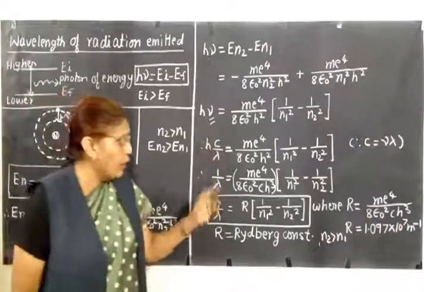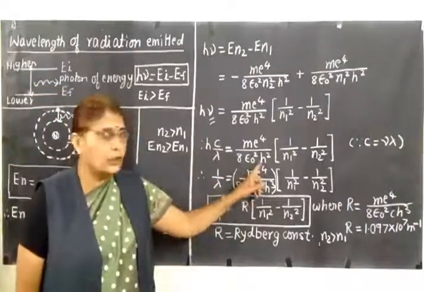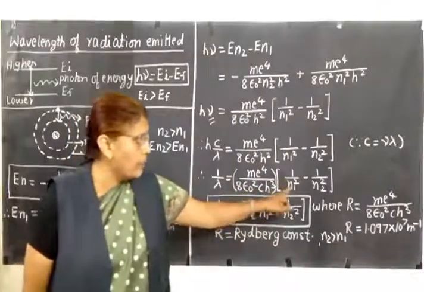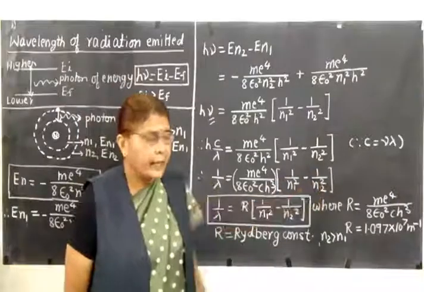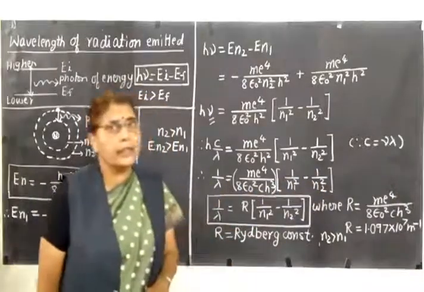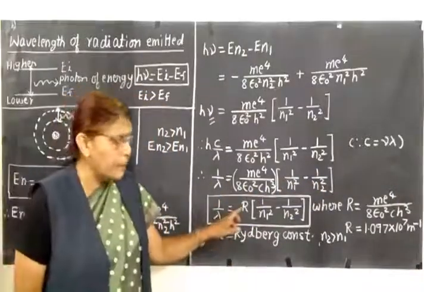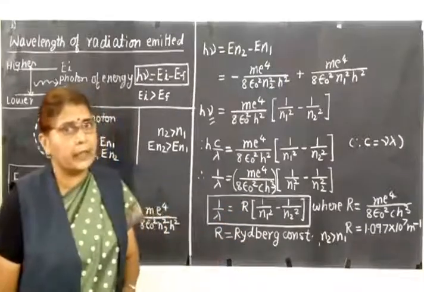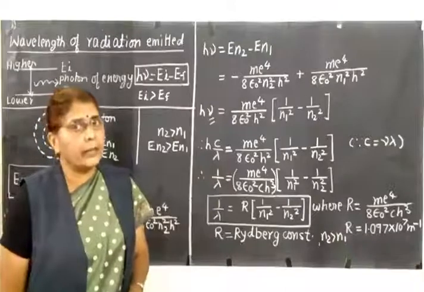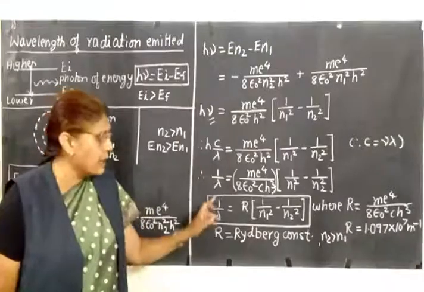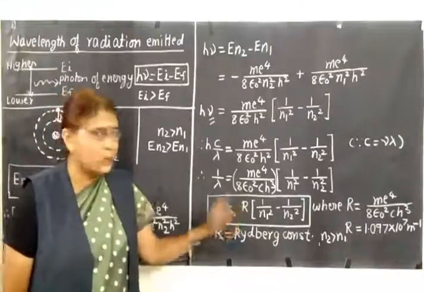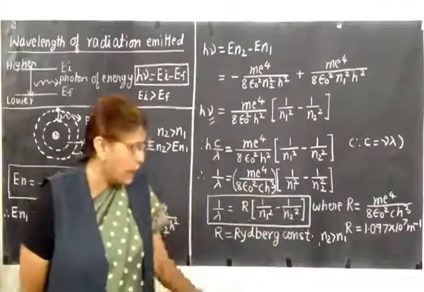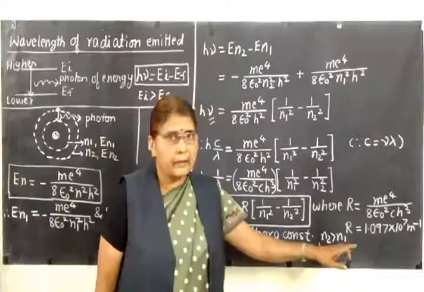From this expression we have taken 1 upon lambda on one side. We got the value of 1 upon lambda as m e raised to 4 by 8 epsilon 0 square c h cube into bracket 1 upon n1 square minus 1 upon n2 square. The quantity before the bracket is a constant. We call it capital R, the Rydberg's constant. So the final expression for the wavelength of emitted radiation is 1 upon lambda equals R into bracket 1 upon n1 square minus 1 upon n2 square, where n2 is greater than n1.